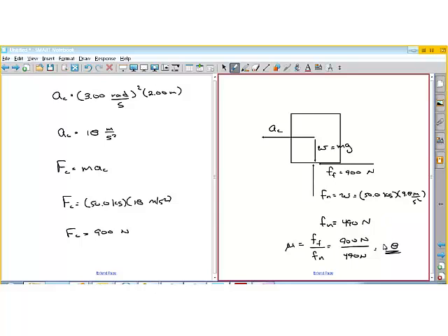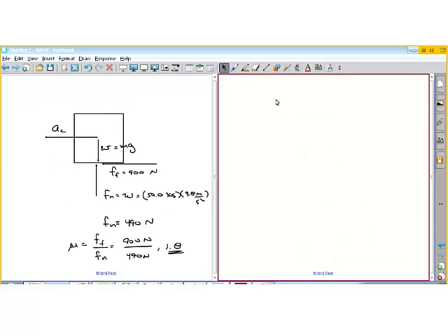So the question is, is that a reasonable coefficient of friction? And the answer is not really. If you remember, we had coefficients of friction of 0.3 or 0.4, and even with rubber, I think it was 0.9. So this is too large, and therefore her weight is not big enough to create enough friction force.